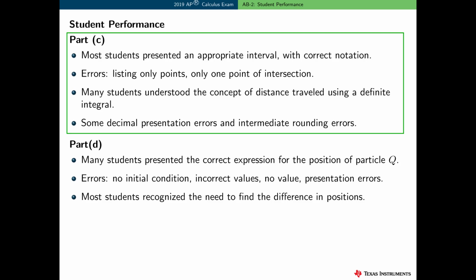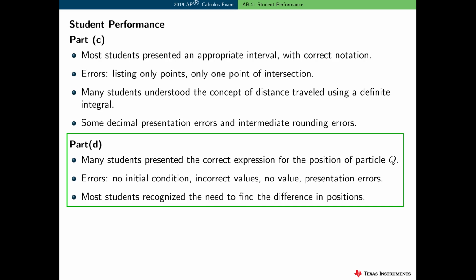Many students understood the concept of distance traveled using a definite integral. However, there were some decimal presentation errors here, and some intermediate rounding errors. In Part D, many students presented a correct expression for the position of particle Q. However, there were several common errors.